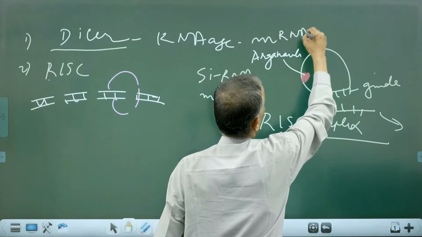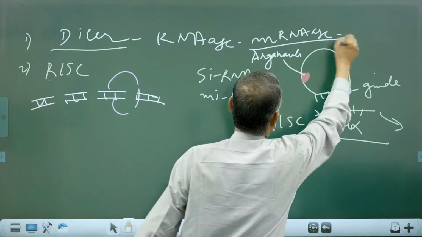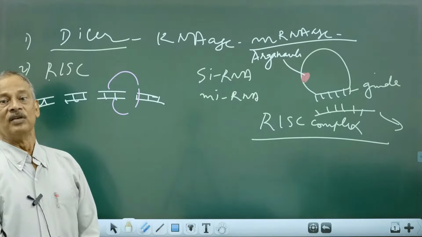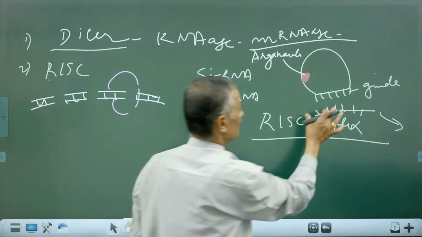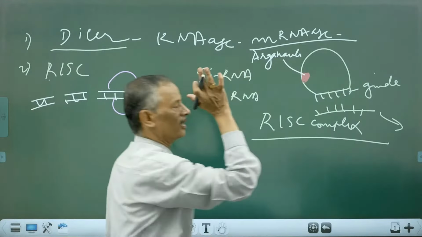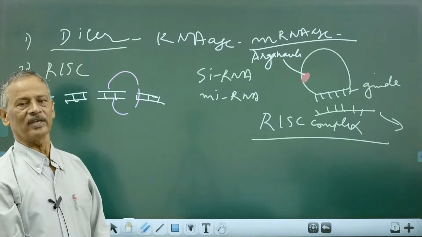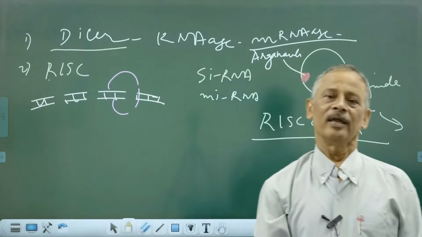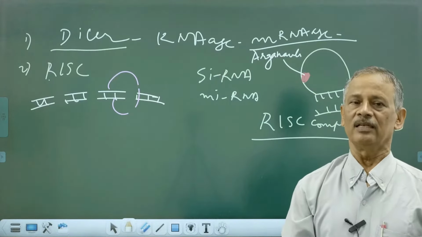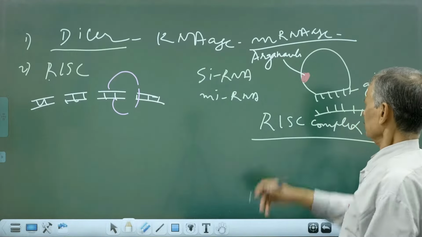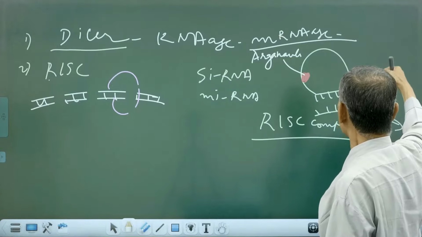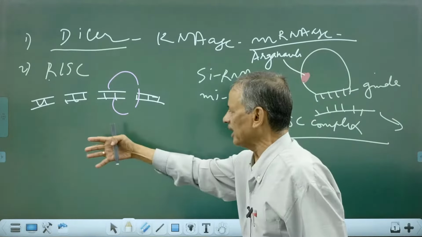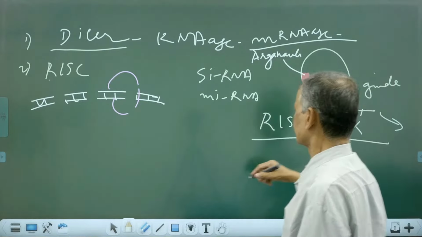This Argonaute acts as the RNase. It can cut mRNA which is having a sequence complementary to the guide strand. So whenever you are having an mRNA produced in your cell, immediately the RISC complex will come and will inspect the entire mRNA.